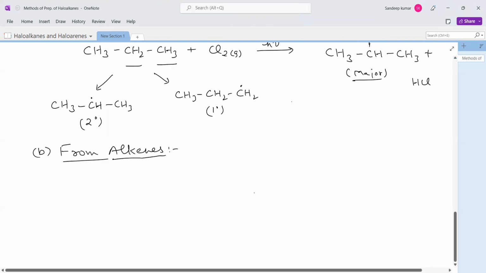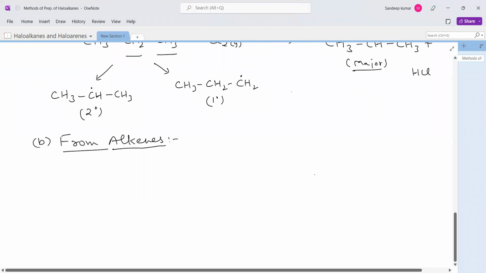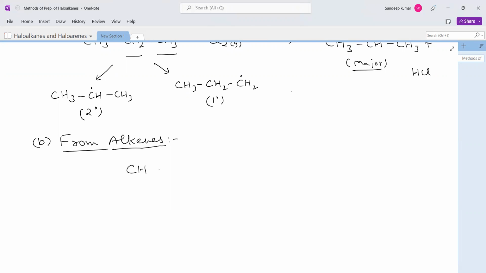Now, as we know, alkenes show addition reactions. So whenever we add any halogen directly to an alkene, it also leads to the formation of haloalkane. Like we have studied earlier about the bromine water test. Bromine water, when added to any alkene, serves as an unsaturation test.